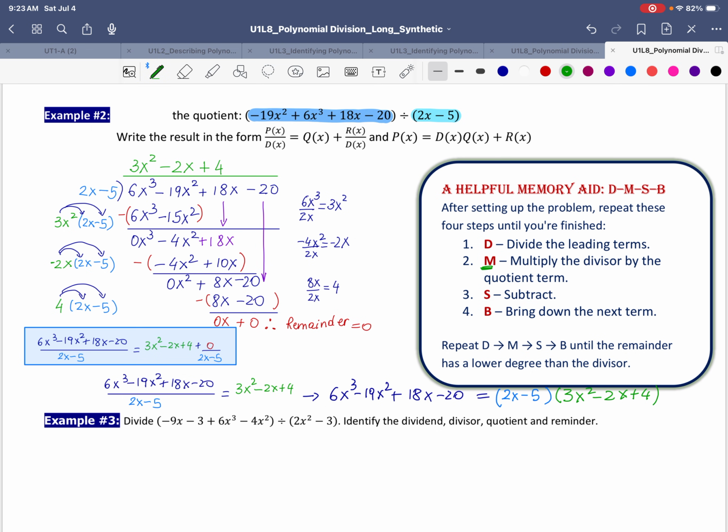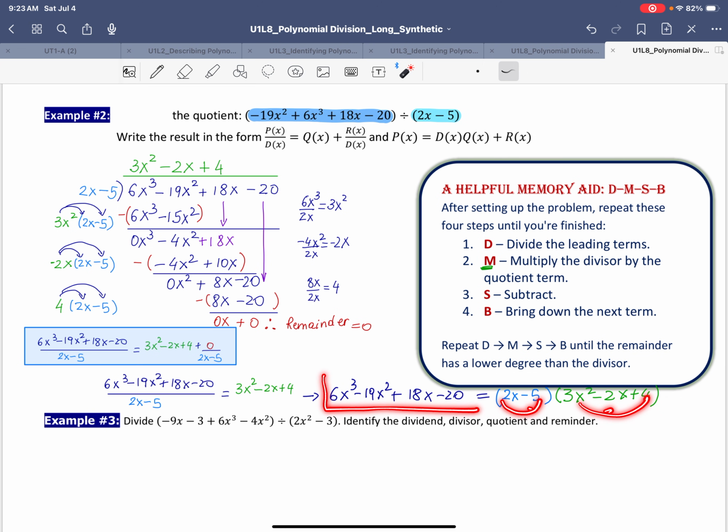Obviously, the remainder is equal to 0, so there is nothing else to write here. So in other words, we're going to say again one more time that when the remainder is equal to 0, the divisor and the quotient will be the factors of the polynomial expression.